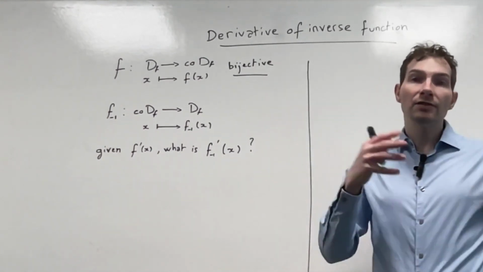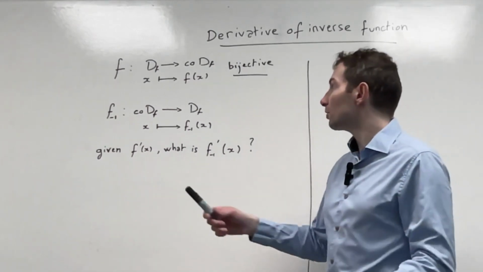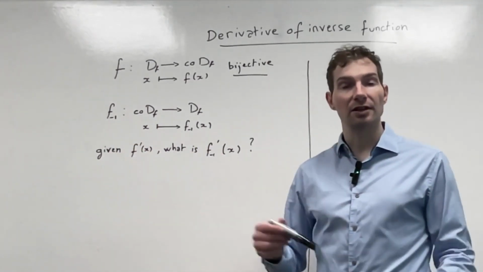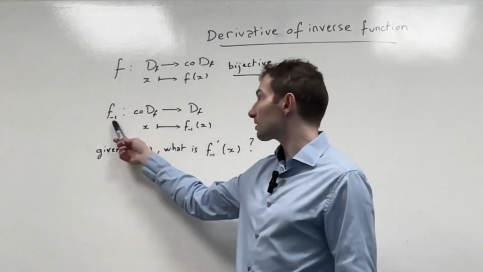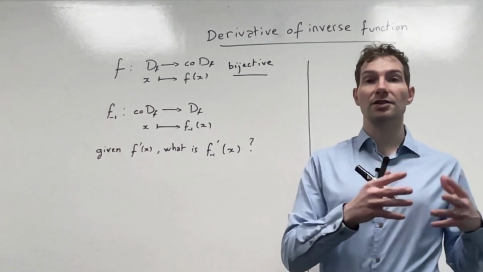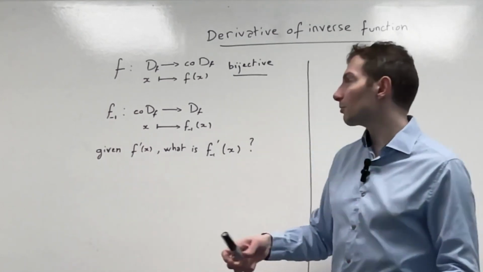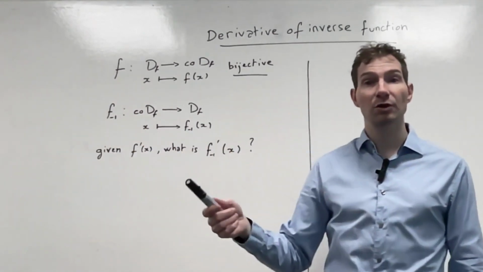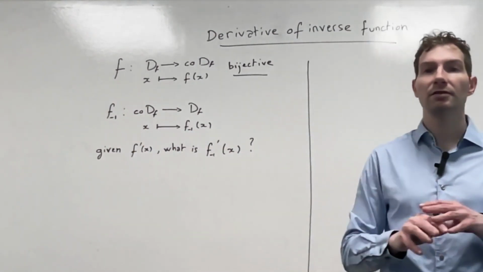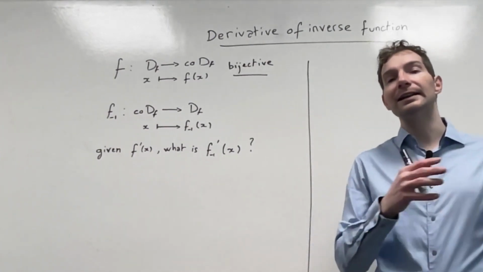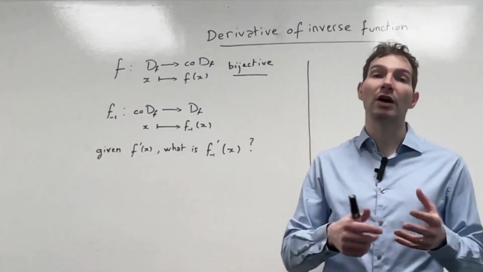Now, the inverse function can be viewed here as f with an index -1, to signify that this is the inverse function of f. Sometimes people put the -1 as an exponent, but if it's not specified somewhere, that can be misleading as being 1 over f.